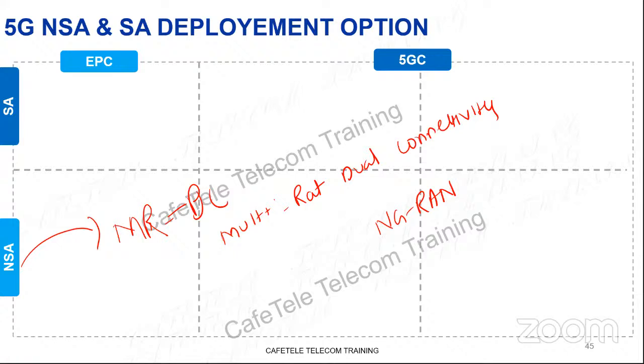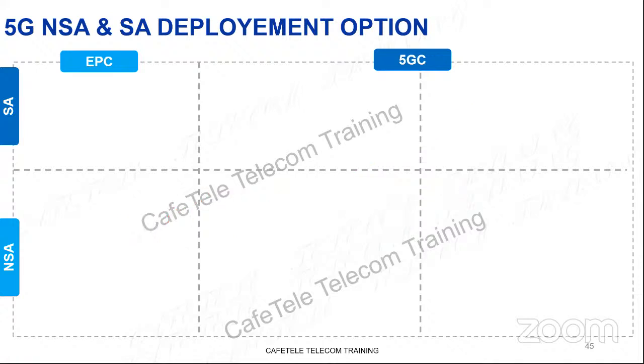One scheduler may be NG eNode B, and one may be NG gNode B. And these two radio networks are connected via non-ideal backhaul. Okay, this term we call NG-RAN.